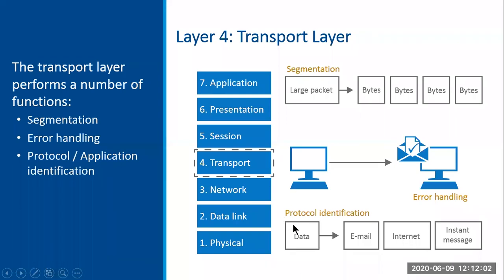That function is performed by the transport layer. The transport layer identifies, send this packet to the email, send this packet to the browsing session, send this packet to the chat session, and so on. So that's what's important.